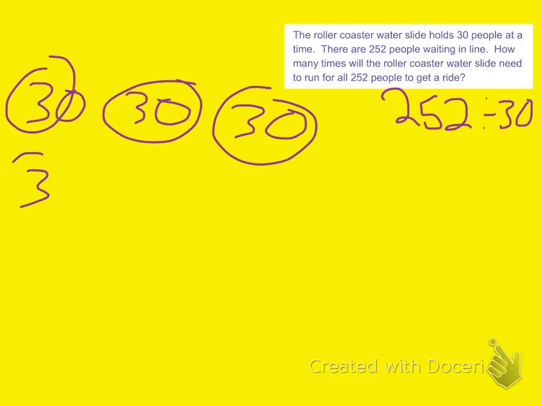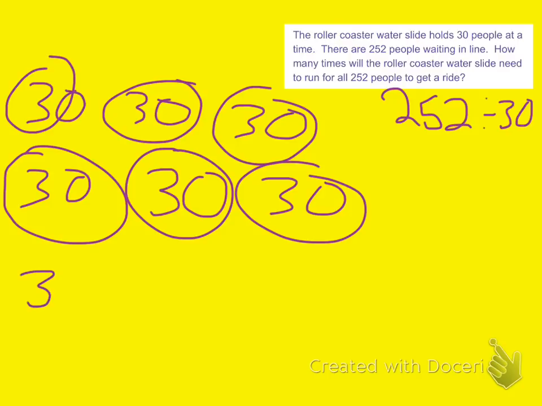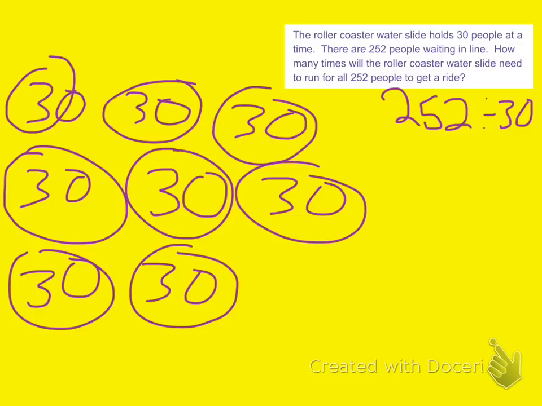There's 30, 60, 90, 120, all the way up until we get as close to 252 as we can without going over. Which I think equals 240.